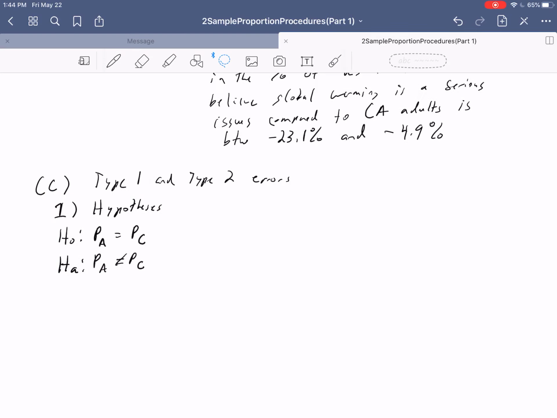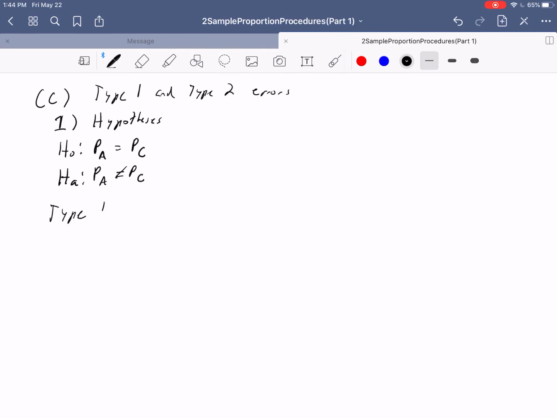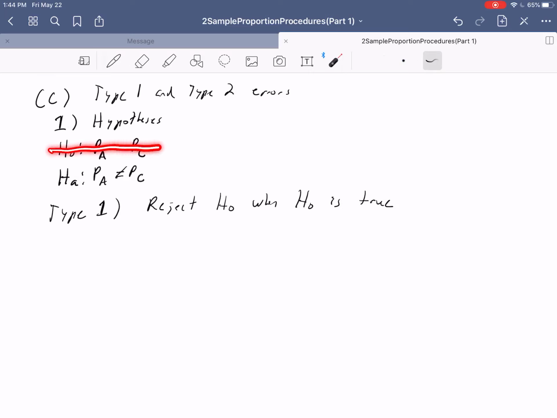Okay, so let's talk about the type 1 and type 2 errors here. For type 1, we know that is reject H0 when H0 is true. So that would mean that we're throwing this out, believing that there is a difference, when really there is no difference.